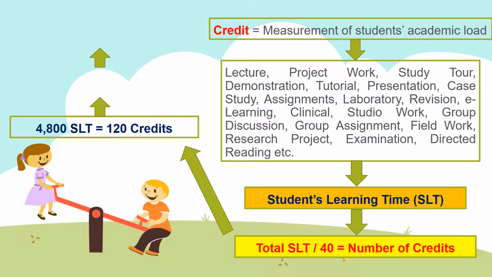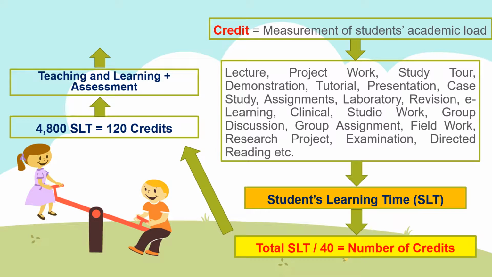A student is considered to be qualified to graduate if he or she obtains the minimum of 120 notional credits, which is equivalent to 4,800 hours of SLT. And this 4,800 SLT is composed of all the teaching and learning plus assessment.